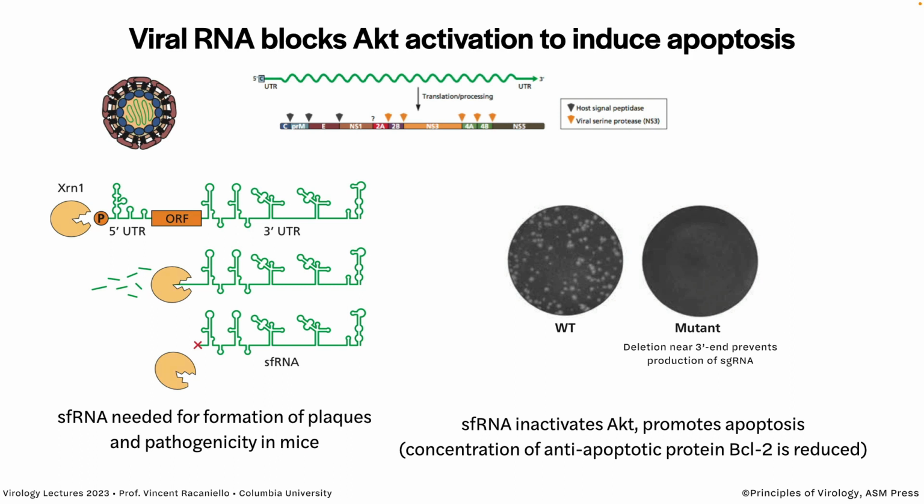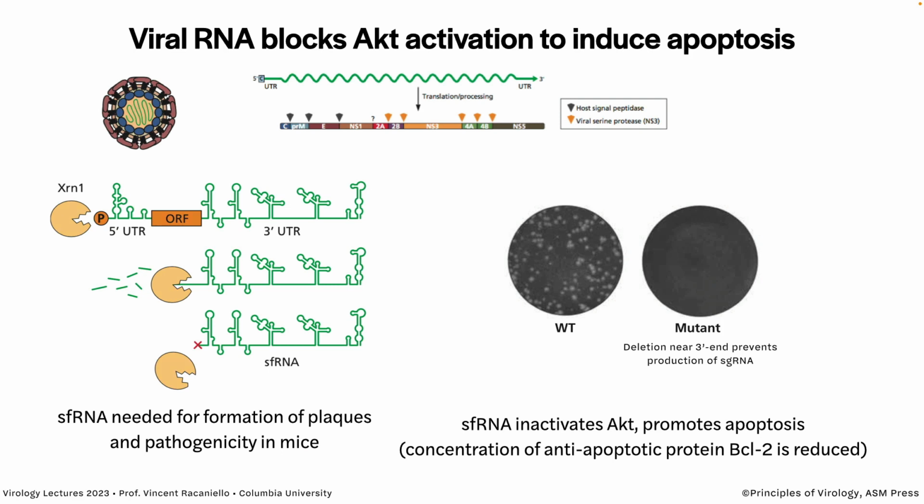But it chews a fraction of them up, and it gets stuck at the 3' UTR. Because of all these structures, the XRN1 cannot chew anymore. And so what it leaves is a small RNA, sfRNA, small flavivirus RNA, it's called, 100, 200 bases long.